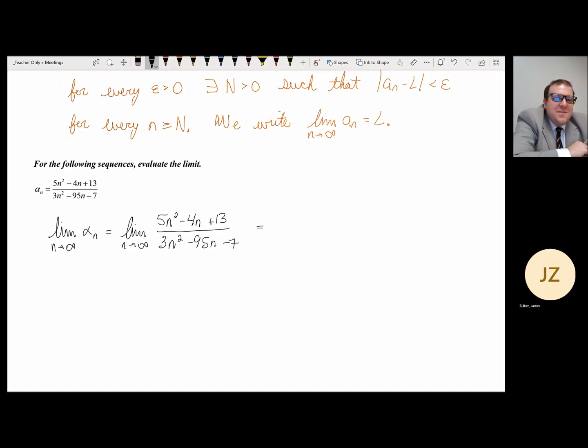So what is this limit? How'd you get it? Because you're only really worried about the greatest power. That just gives you 5n squared over 3n squared, and then 2n squared simultaneously. Because it's rational.